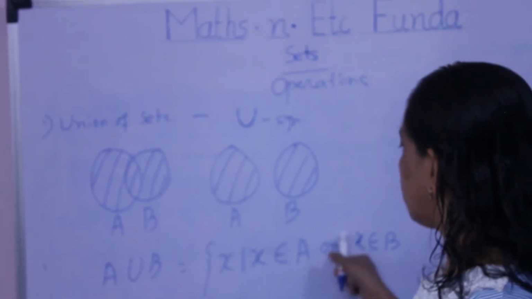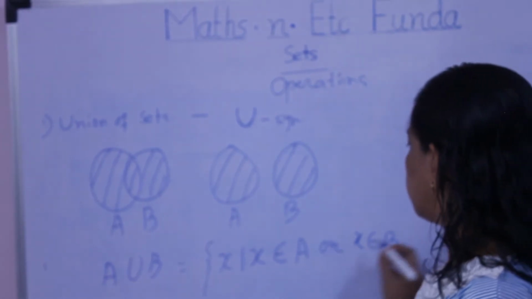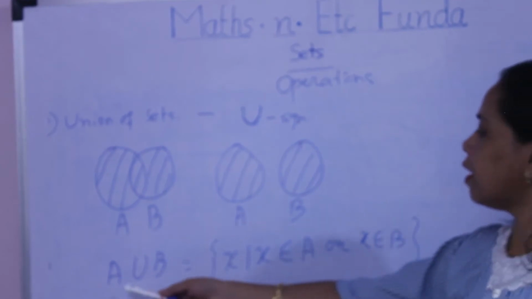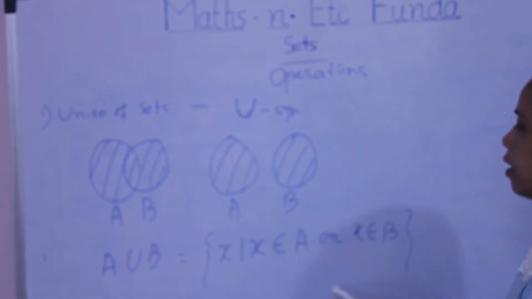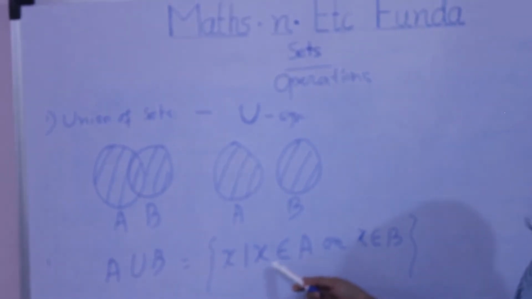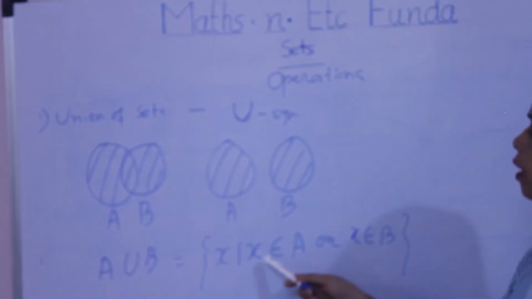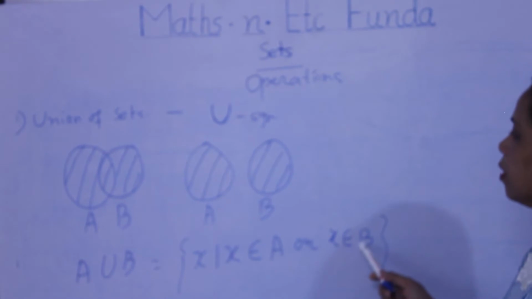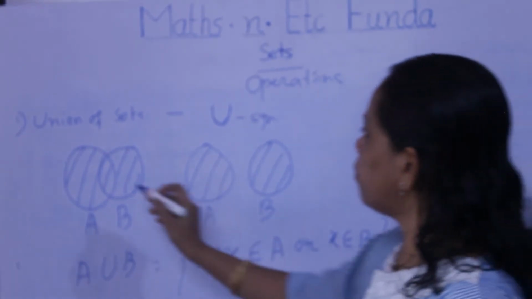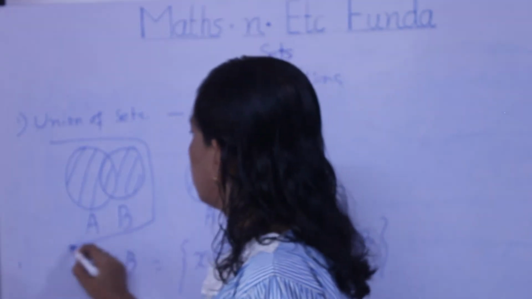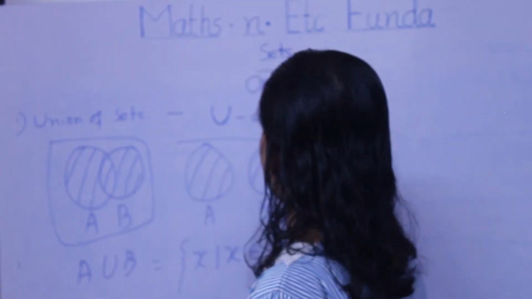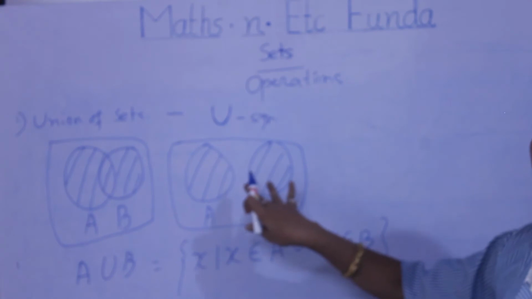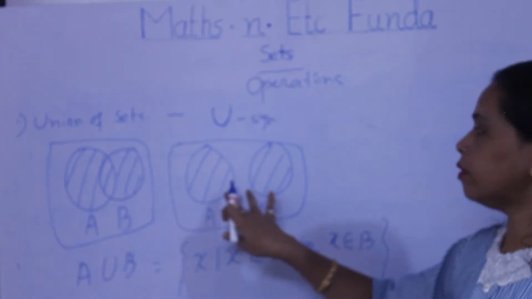Here this is the OR notation, this for inclusive. We explain this A union B in set notation like this: x such that x belongs to A or x belongs to B. This is one example of union set. This is another example. These 2 sets are disjoint, means they have no common element.